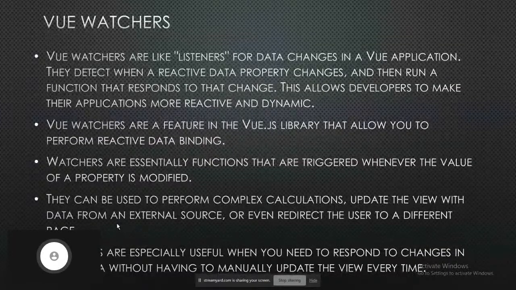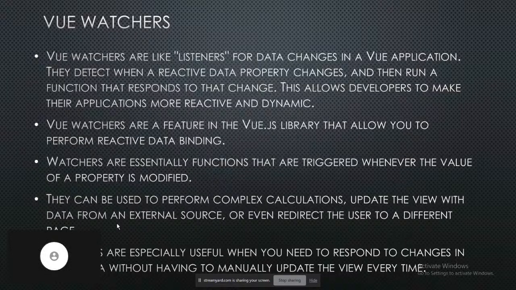We have the Vue watchers. The Vue watchers are like listeners for data changes in Vue applications. They detect when a reactive data property changes and then run a function that responds to that change. Now, the difference between a watcher and a computed function is simply this. A watcher basically watches the data within your Vue application, but a computed function is bound to a specific data.